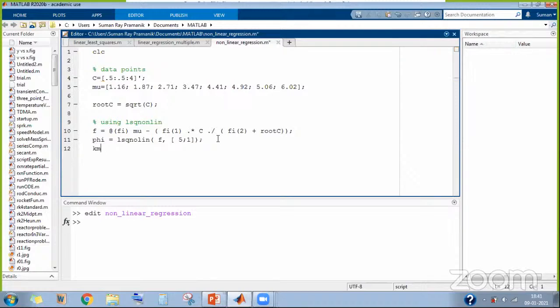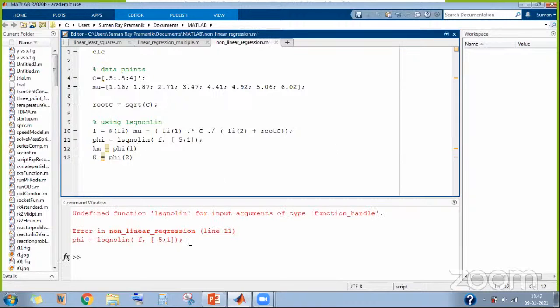Once again, we'll find this like this, and let's call it capital K. Okay, let's not suppress the equal, let's see the values. Once again there is some issue with the MATLAB and the function I created.